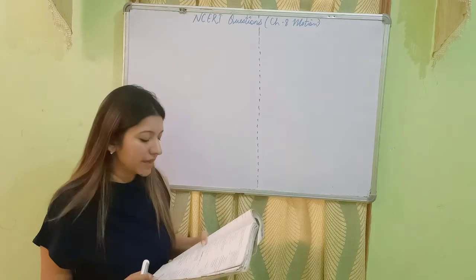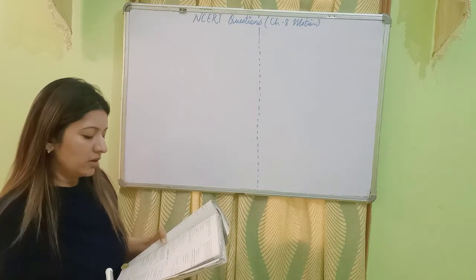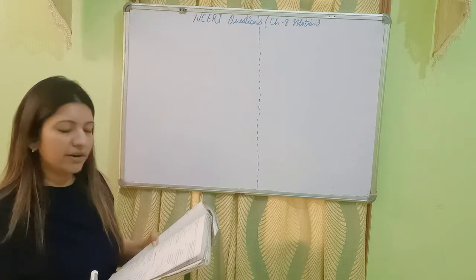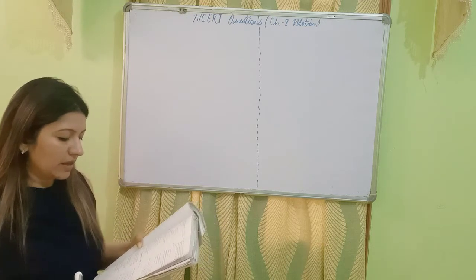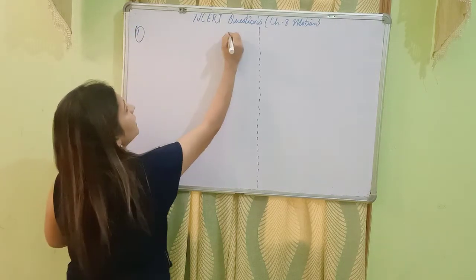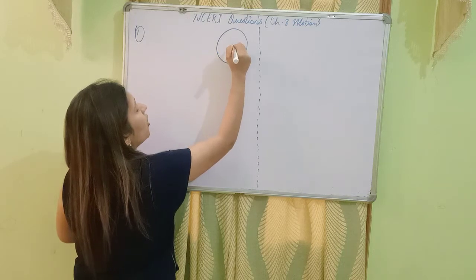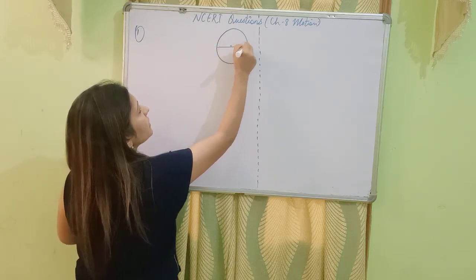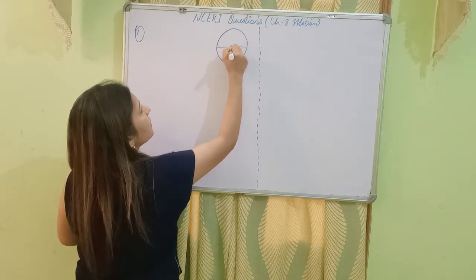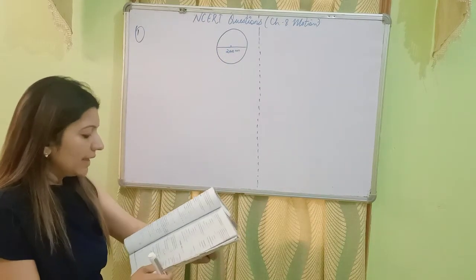Question 1 is, an athlete completes one round of a circular track of diameter 200 meter in 40 seconds. Now an athlete runs around a circular track of diameter, this complete diameter is given to you as 200 meter in 40 seconds.